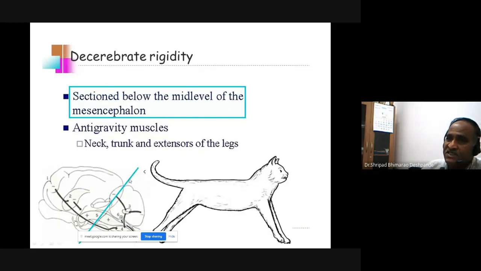What the surgeon did, he took the cats and anesthetized them. After anesthetizing them, he identified the inferior colliculus and superior colliculus, and he transected. After transecting, he allowed the cats to recover. Once the cats recovered, they were made to stand on the table.